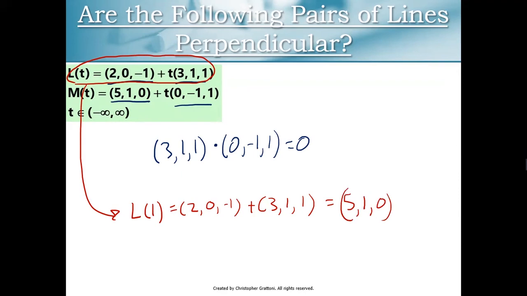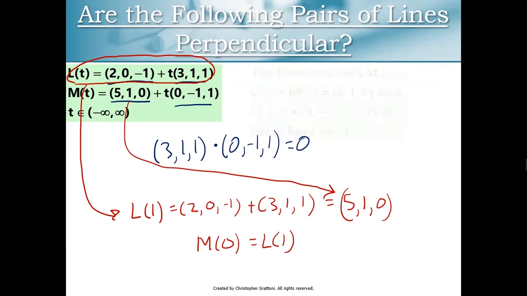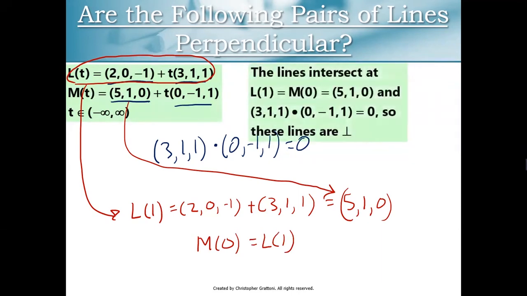The intersection point between L of t and M of t is the point 5, 1, 0, because I know that M of 0 is equal to L of 1, and there's our intersection point. That's enough to prove that our lines actually intersect each other. And that the lines are perpendicular. We have our intersection at 5, 1, 0. We have the dot product of 0 between our two slope vectors. That proves the lines are perpendicular.